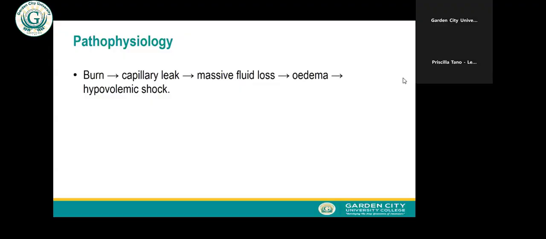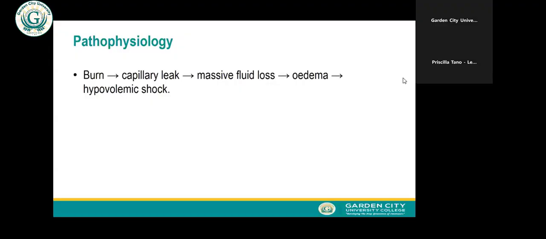This increase in fluid within these intravascular spaces means electrolytes will be lost and there'll be protein seepage. All these things will cause low cardiac output, there'll be suppression of the immune system, and eventually there will be fluid loss, leading to hypovolemic shock.